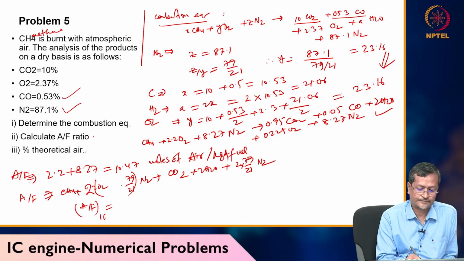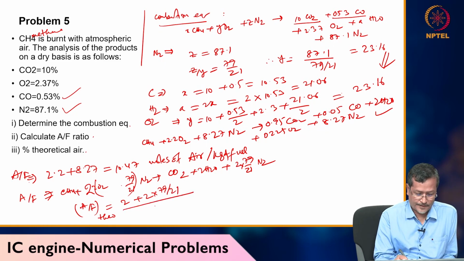This is theoretical. So it will be 2 plus 2 into 79 by 21, divided by... here I have to multiply by 28.97, the mass of air, over 12 plus 1 into 4.